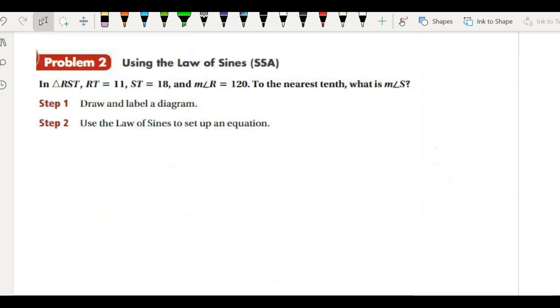Okay, let's take a look at problem 2. So now I don't have a triangle, and that helps me. Actually, step 1 is draw and label a diagram. So in triangle RST, RT is 11, ST is 18, and the measure of angle R is 120. So I'm going to draw a triangle that's obtuse.